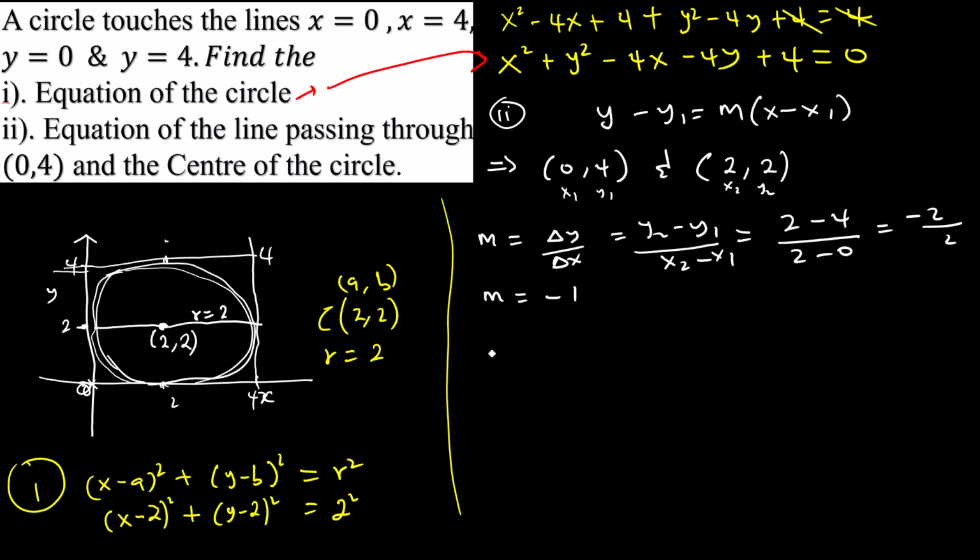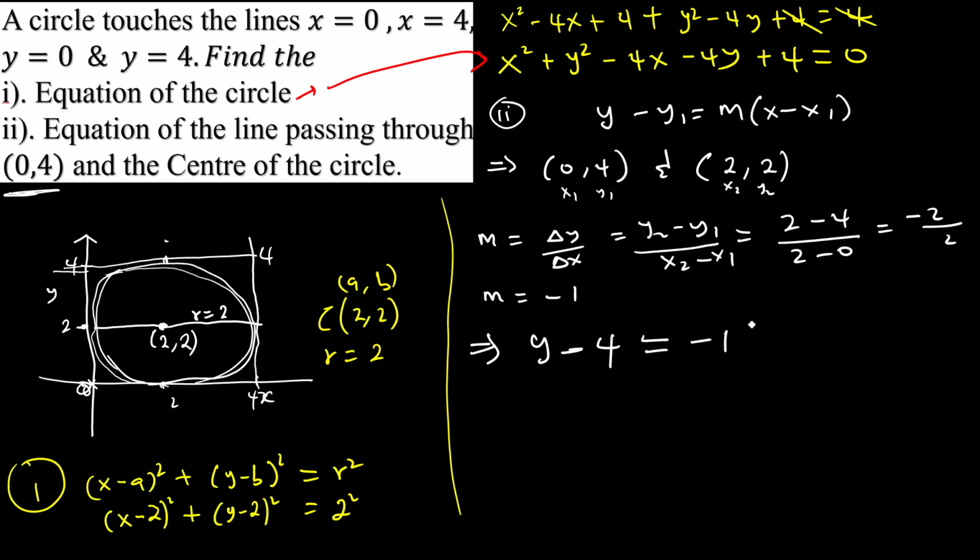So knowing the slope, we can go ahead and find the equation of the line passing through this point. Let me remind you, please: don't use your center as your x1, y1 when you are doing the substitution. So y minus y1, and here my y1 is 4, don't say 2.